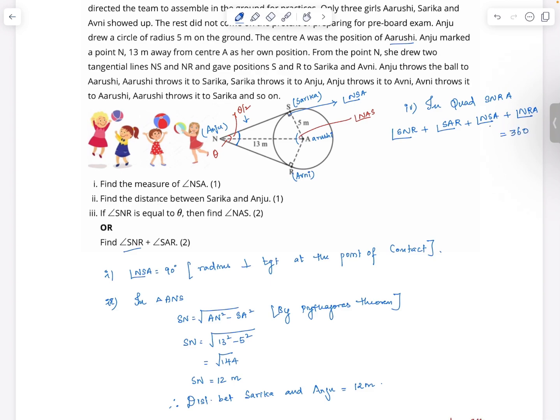NSA is 90 and NRA is also 90. Angle SNR plus angle SAR plus 90 plus 90 is 360. So angle SNR plus angle SAR is 360 minus 180, which is 180.